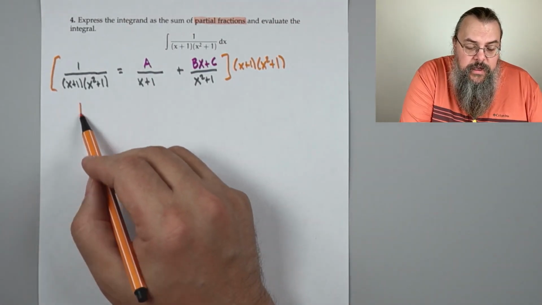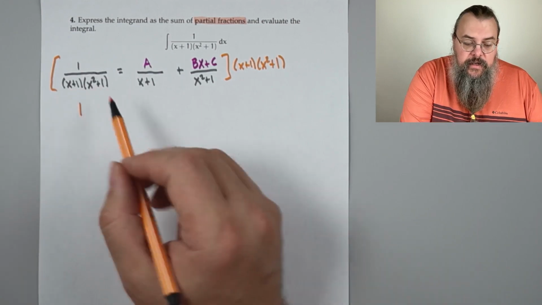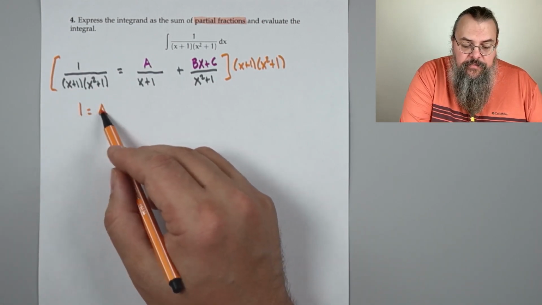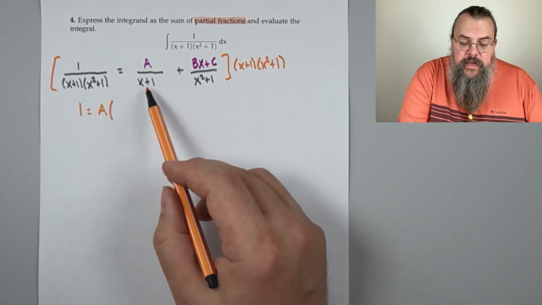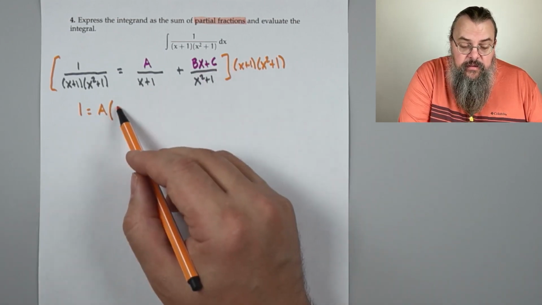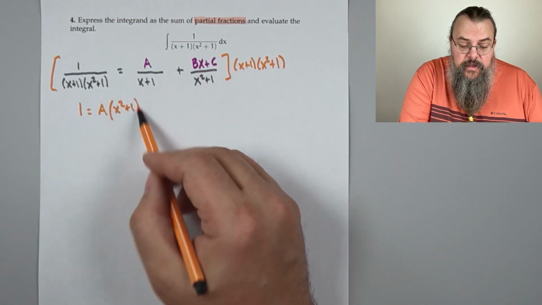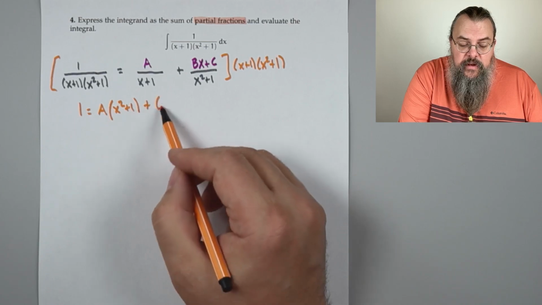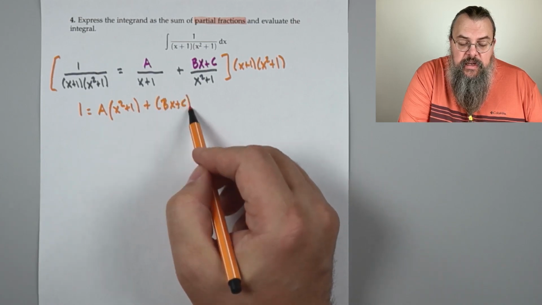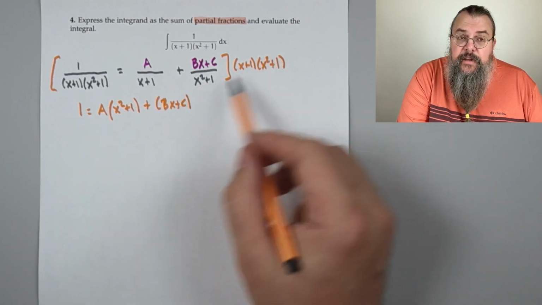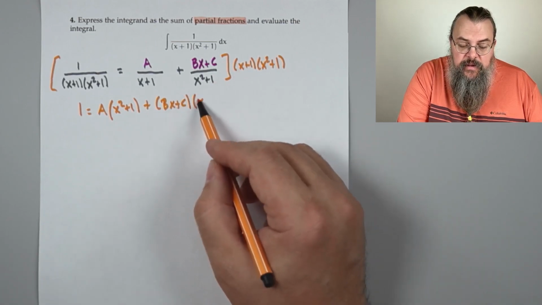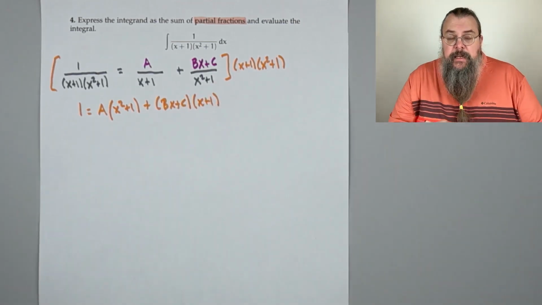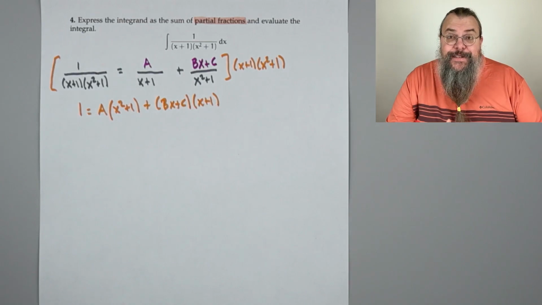We get 1, because that's all gone, equal to a times, here the x plus 1's cancel, so we have x squared plus 1, plus bx plus c, and in this term the x squared plus 1's cancel, times x plus 1.